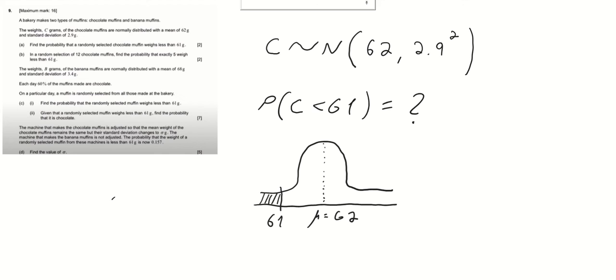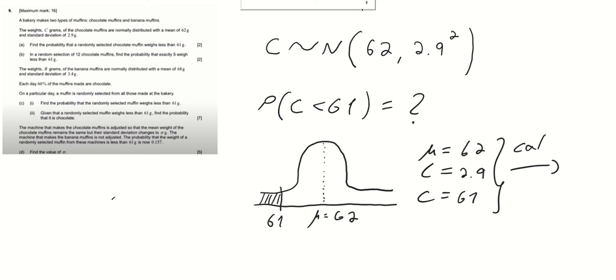So we go to the calculator, we input mu, we input sigma, and we input C. This is 62, 2.9, and 61. We use the calculator, and it will give us the probability.